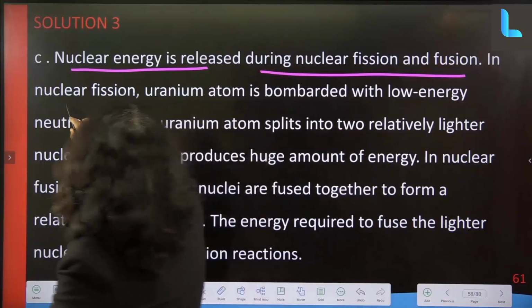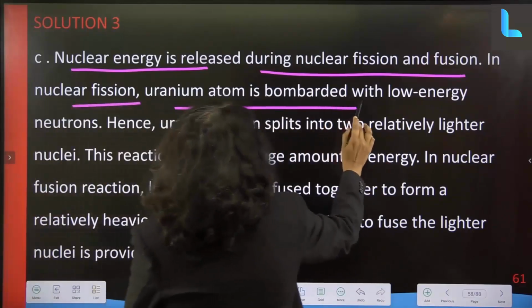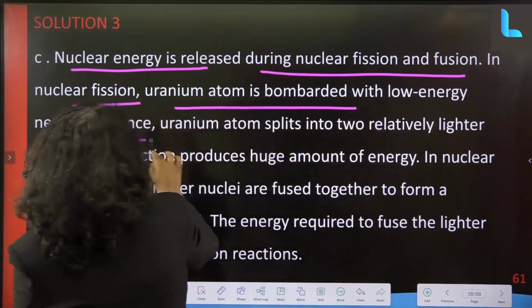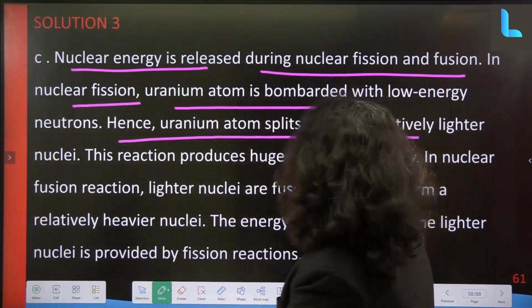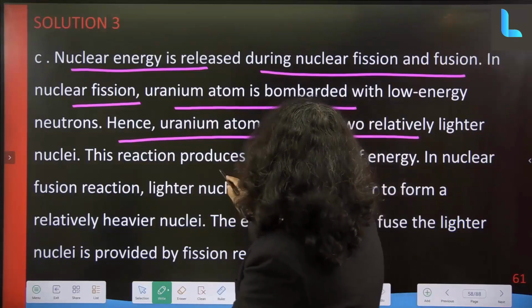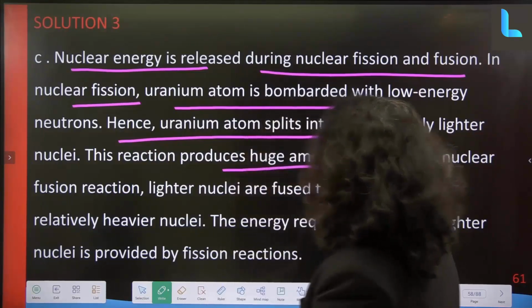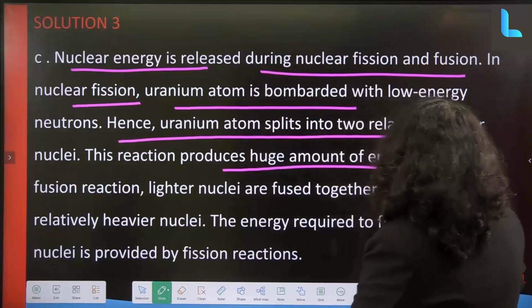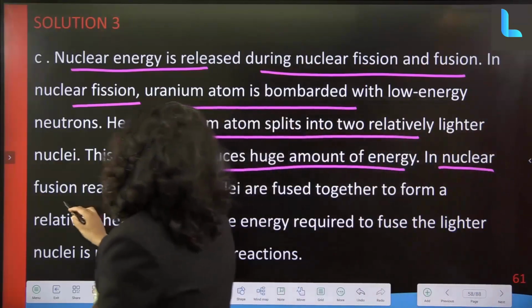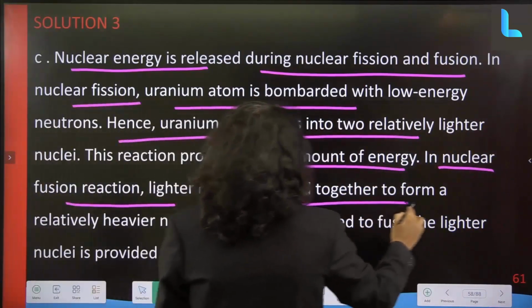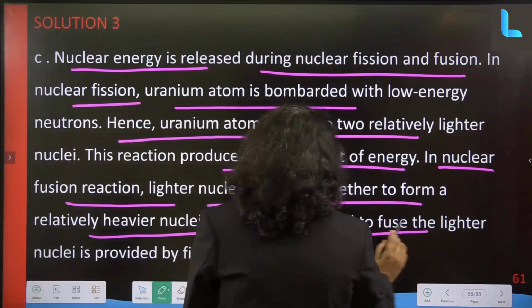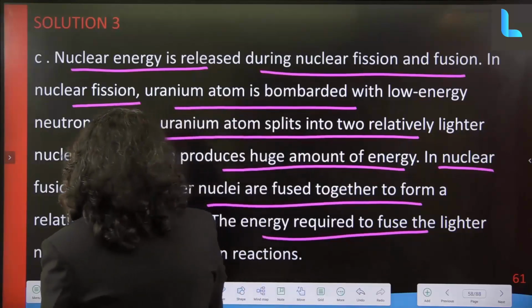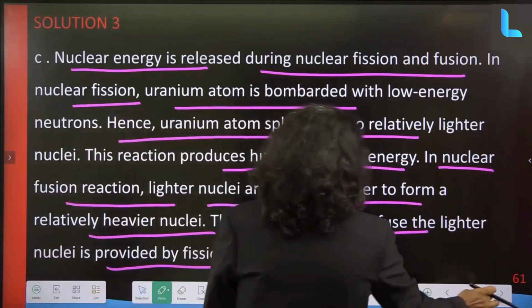In nuclear fission, uranium atom is bombarded with low energy neutrons. Hence, the uranium atom splits into two relatively lighter nuclei, and this reaction produces a huge amount of energy. In nuclear fusion, the lighter nuclei join and fuse together to form a heavier nucleus. The energy required to fuse these nuclei is provided by fission reactions.